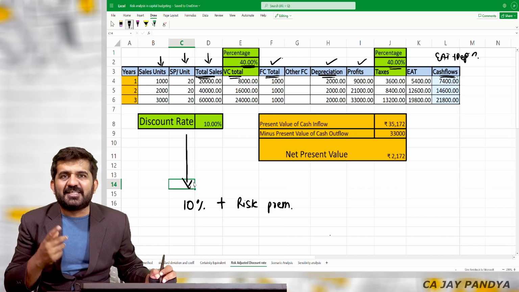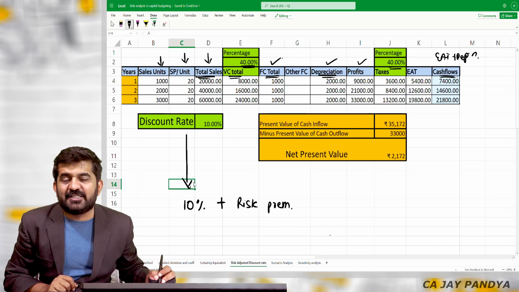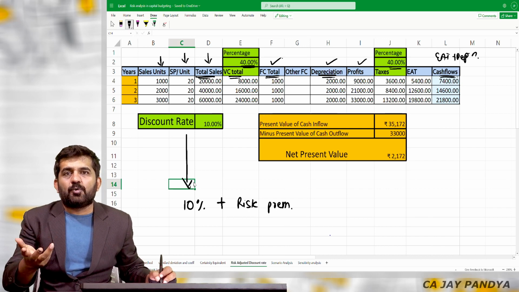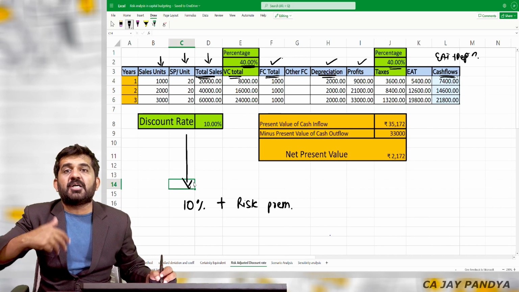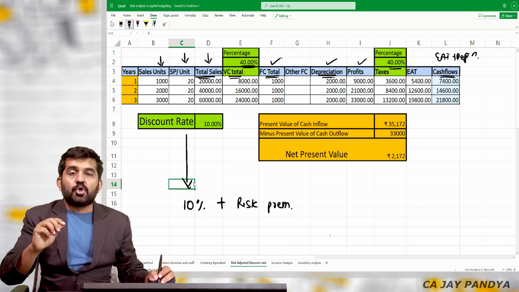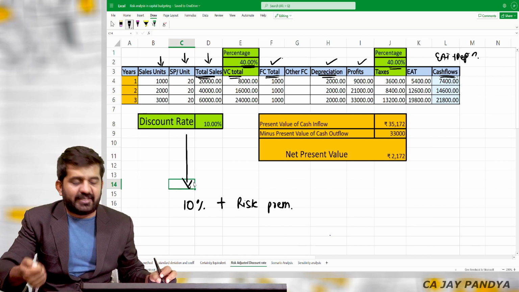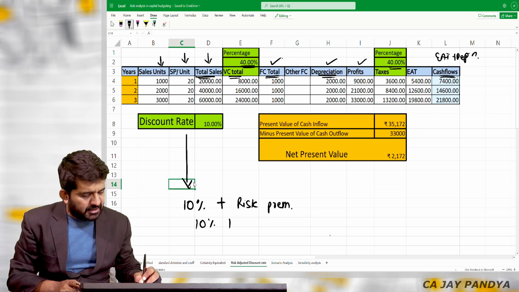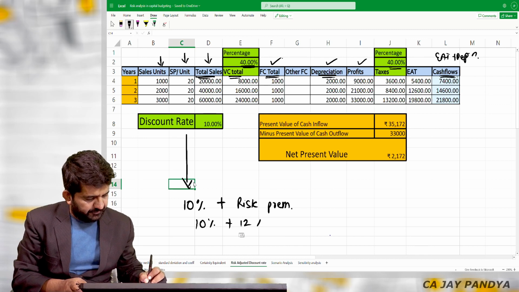It should be very easy because you have learned the capital asset pricing model. You always require your risk-free rate of return plus some risk premium. So instead of discounting at 10%, I discount at 12%.